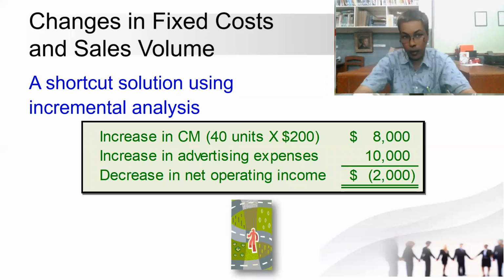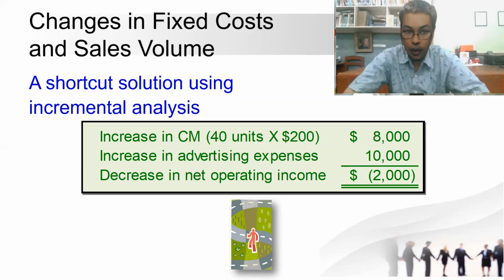Changes in fixed cost and sales volume. A shortcut solution using incremental analysis. Increase in contribution margin: 40 units, that is the increase, times the amount per unit, that is 40 times 200, which is 8,000.